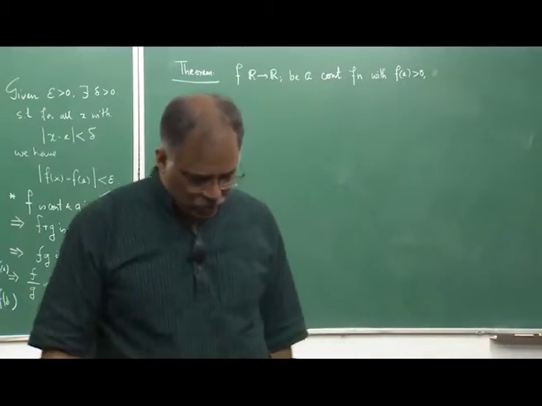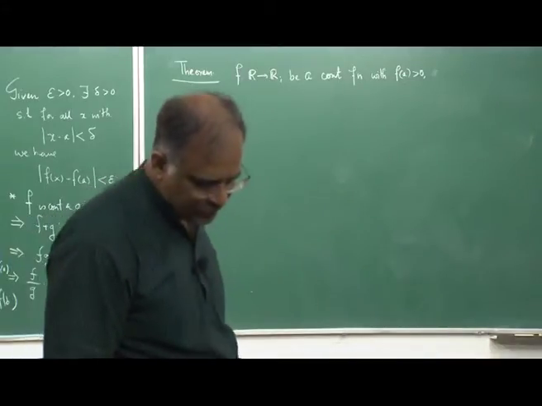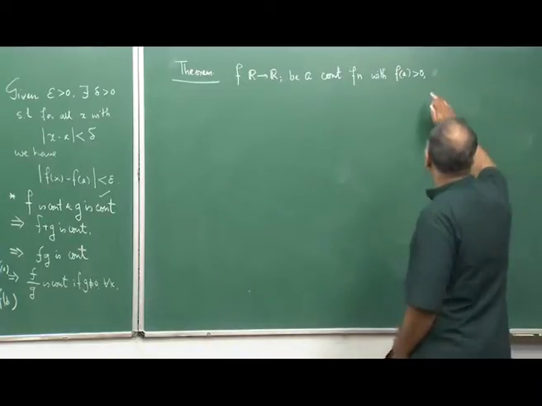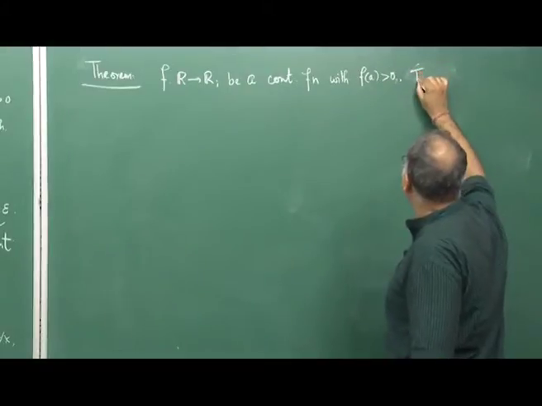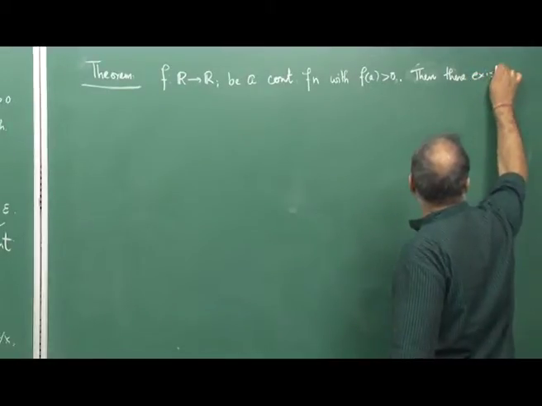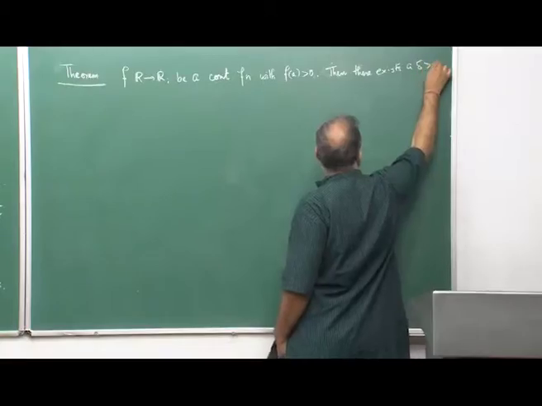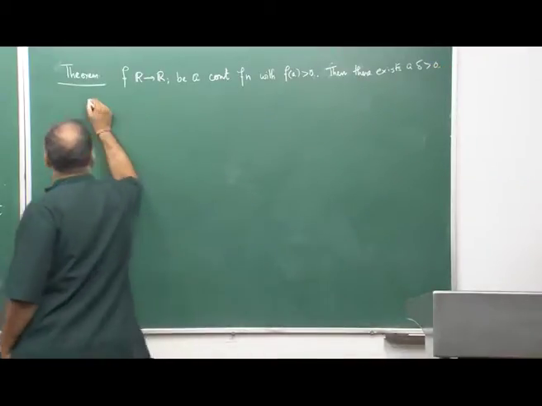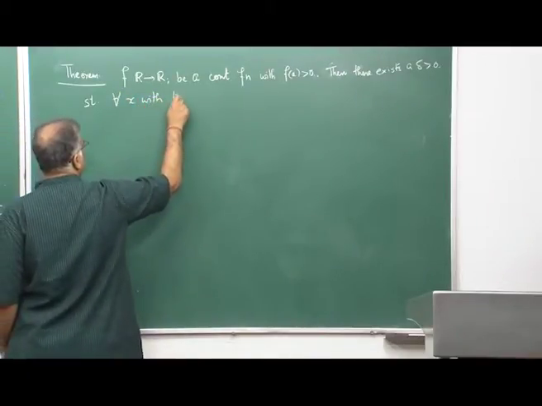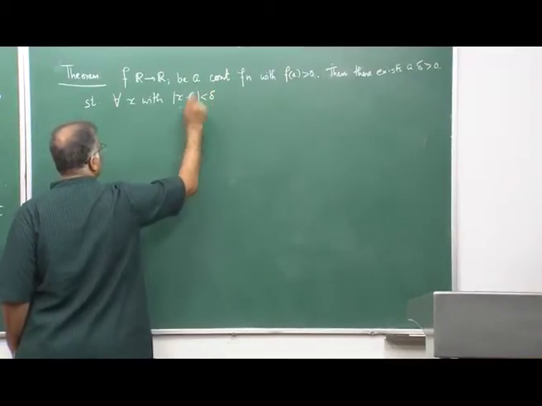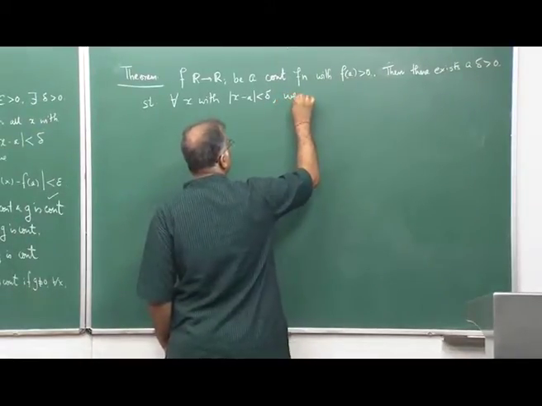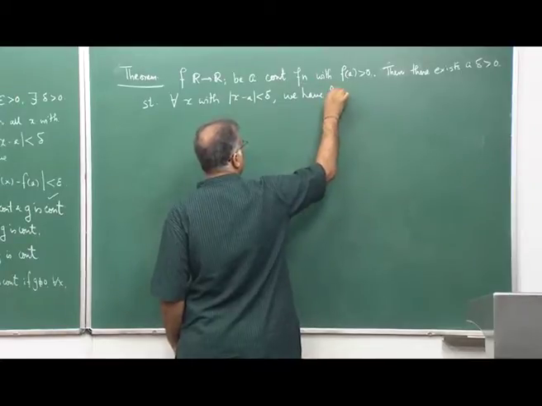What I want to show is that there exists a delta greater than 0 such that for all x lying in the delta neighborhood of a, we have f(x) strictly bigger than 0.